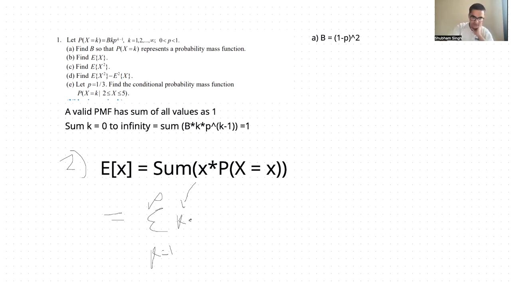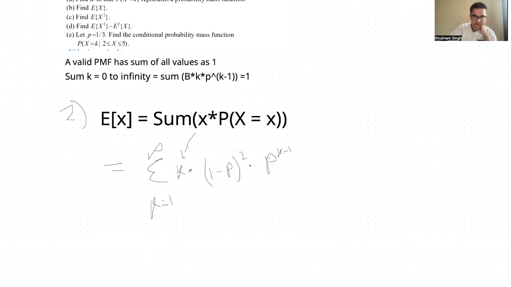So this would be (1 minus p) whole square into p to the k minus 1.